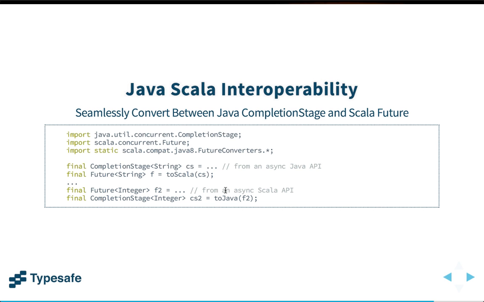And the same way, the other way around. You can get back a future from the Scala API and then convert it to a completion stage and pass it into a Java API. And this will allow you to seamlessly interact between these asynchronous APIs on both sides.